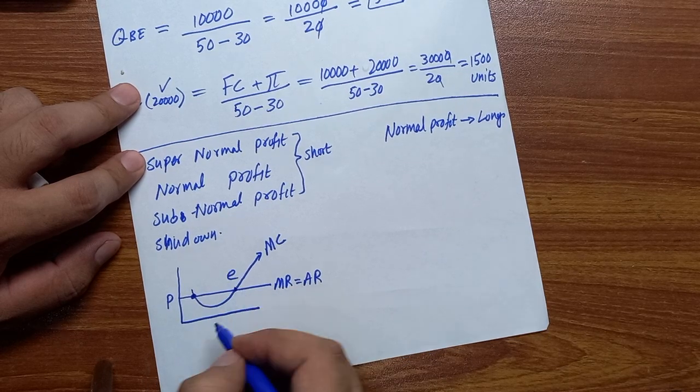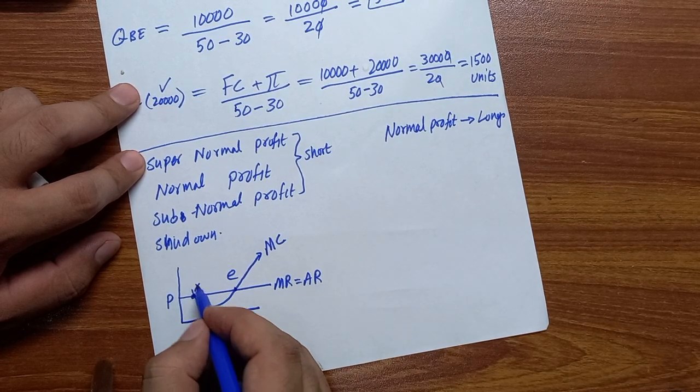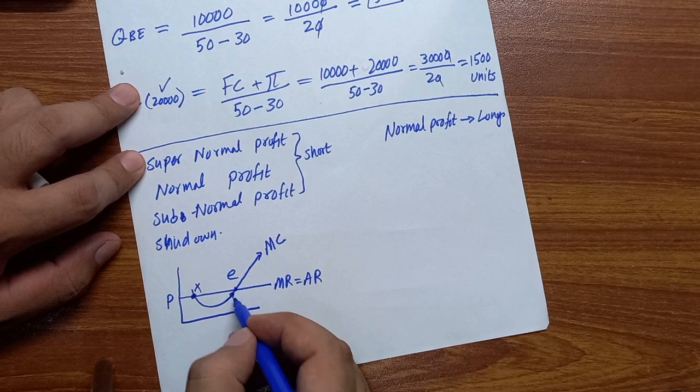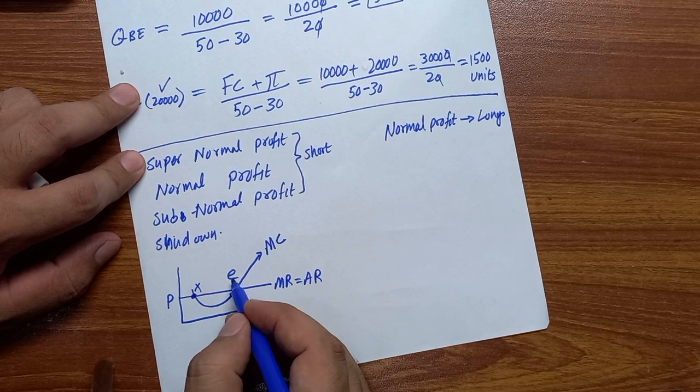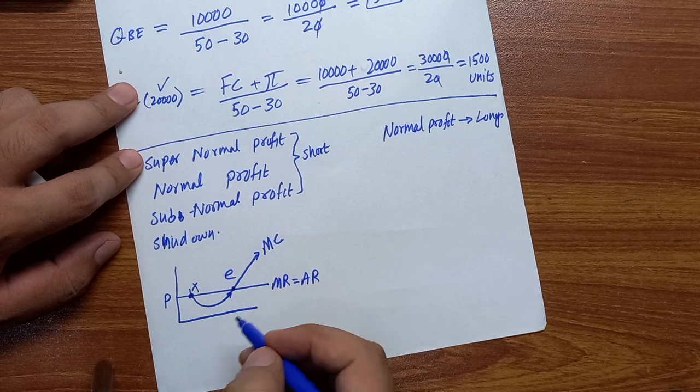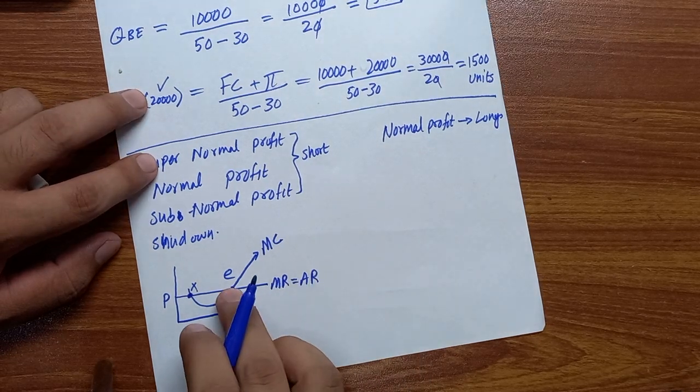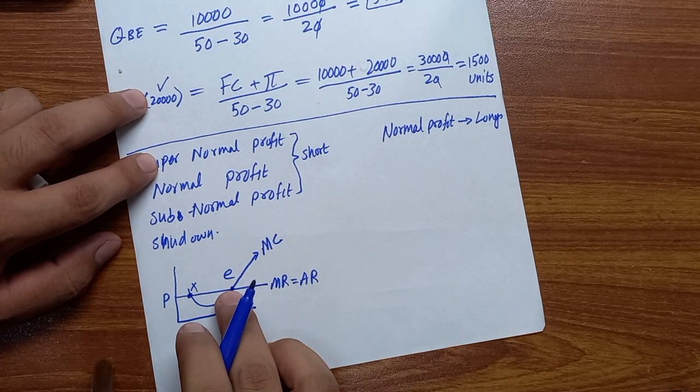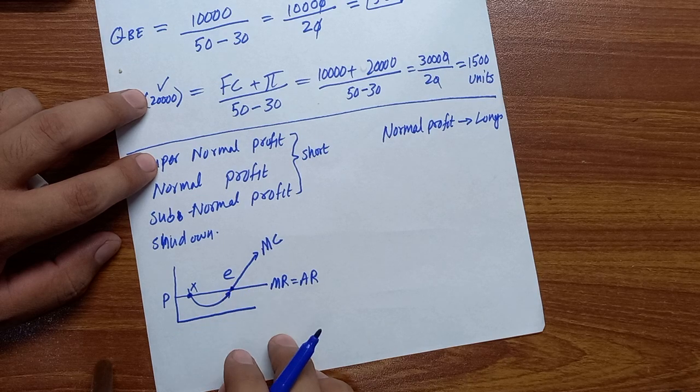We take the point where MC cuts MR from below; the other equilibrium point we do not mention. Here we can analyze.